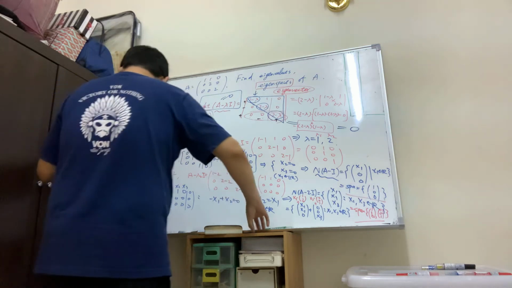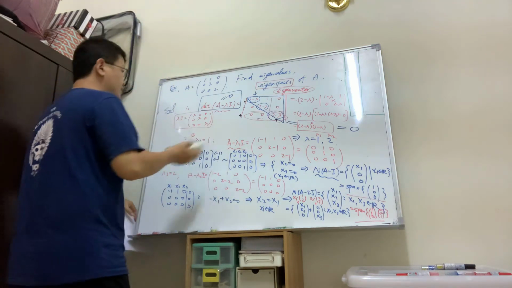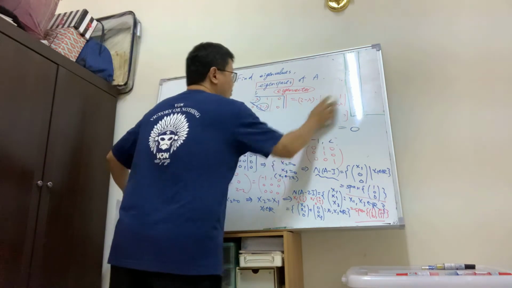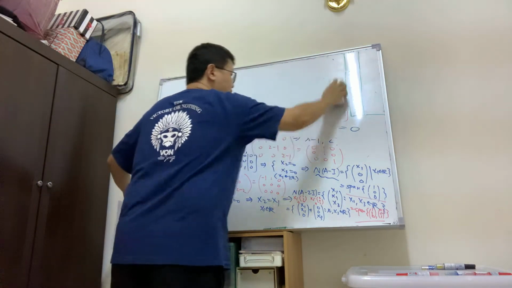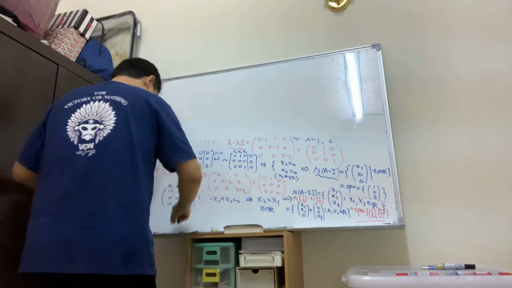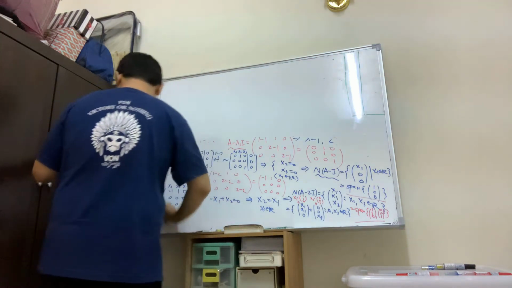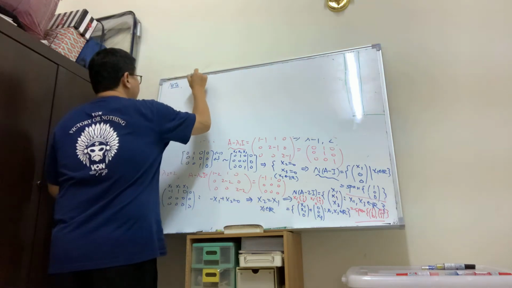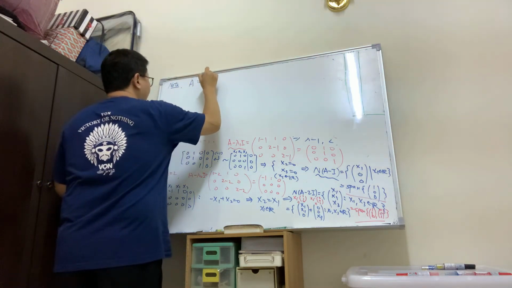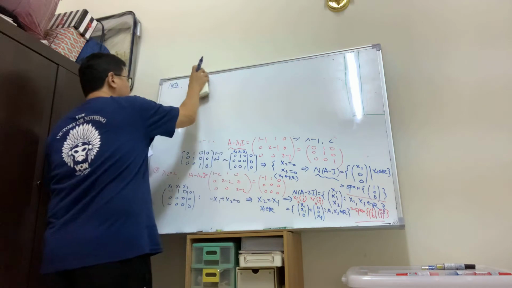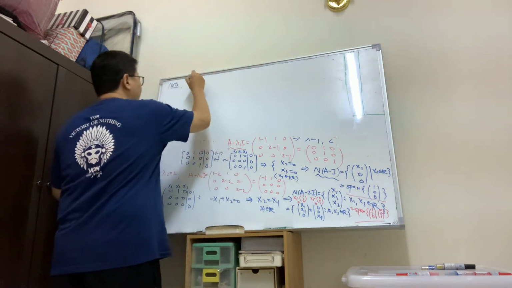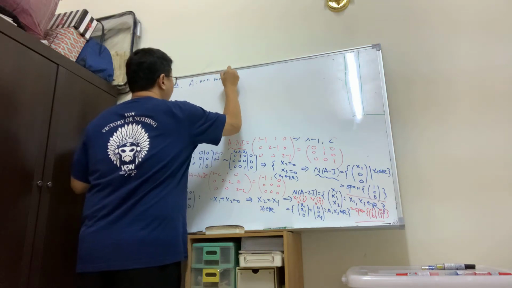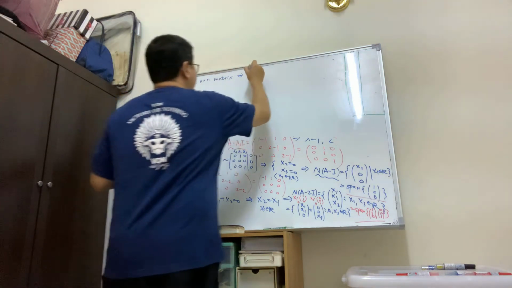Okay, so now I'll tell you some notes in the previous argument, and then we finish this section. If A is an n by n matrix, then what can we say?